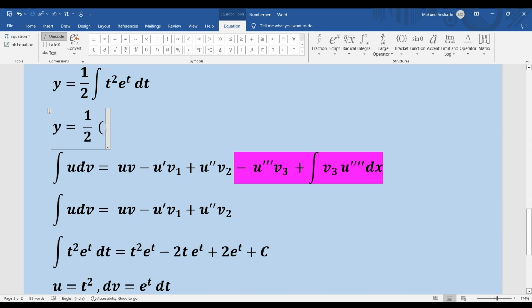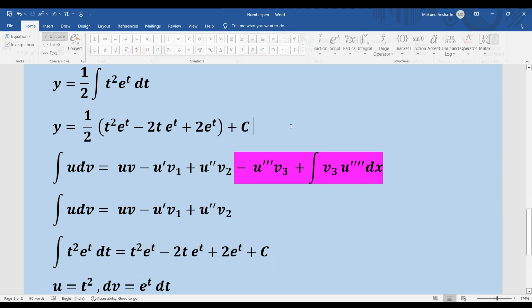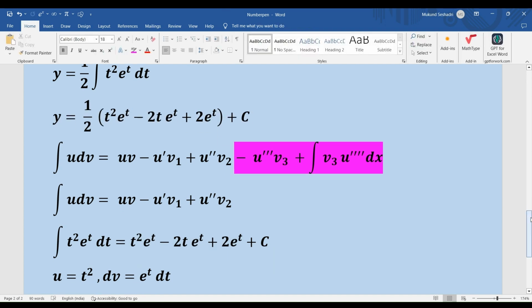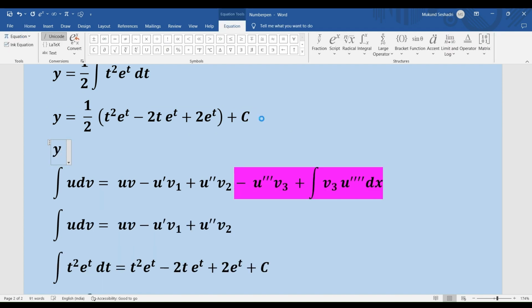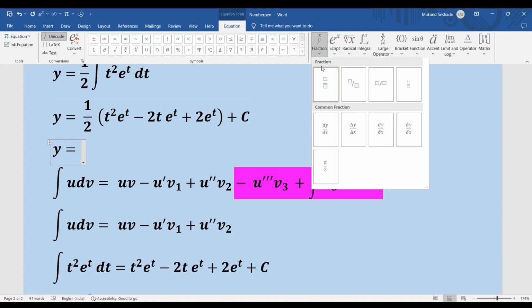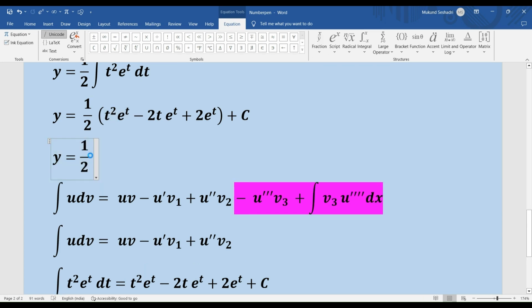Now when I take a close look at this, I know that I can do a little bit of simplification. Half of t square times e to the power t, and for the remaining two expressions, I can cancel out my 2, so I get a minus of t into e to the power t, and then a plus e to the power t. So there I have my answer for y.